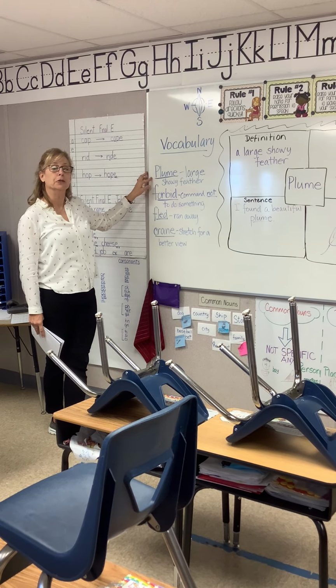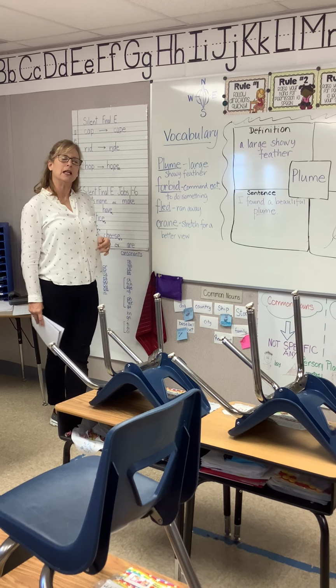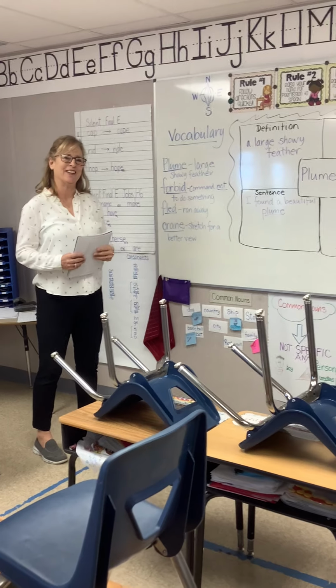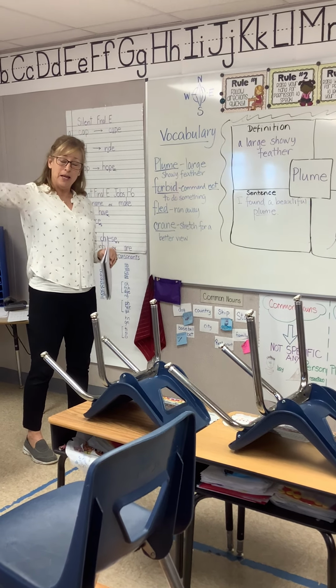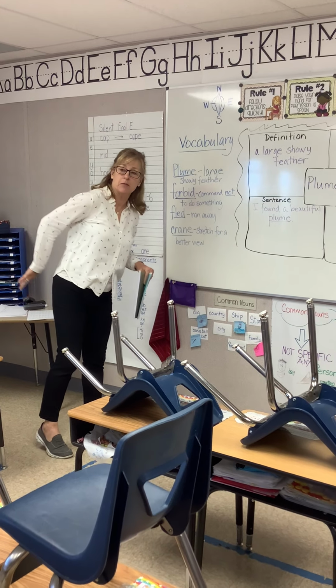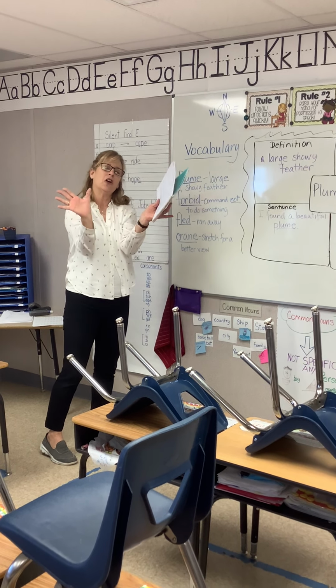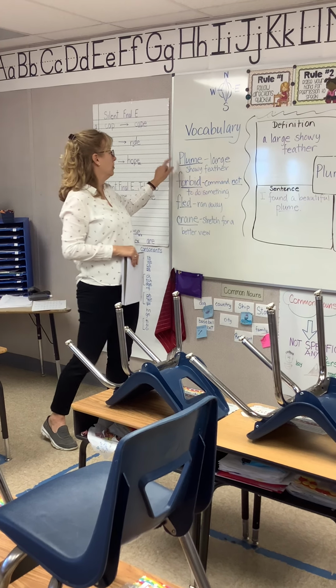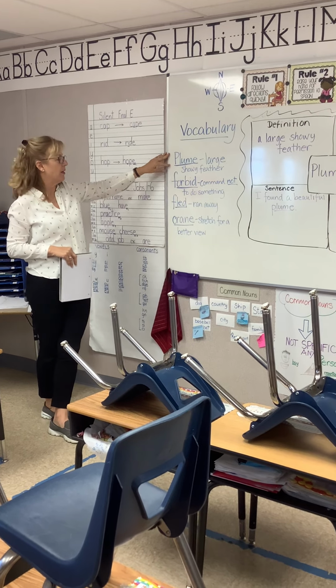First word is plume. Plume means a large, showy feather. And peacocks particularly have really long, big, fancy feathers in the back of their body, and they sometimes spread them out and show their beautiful plumes. So that's the word plume. It means a large, showy feather.